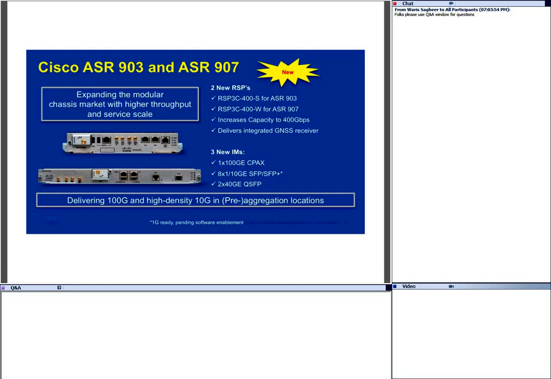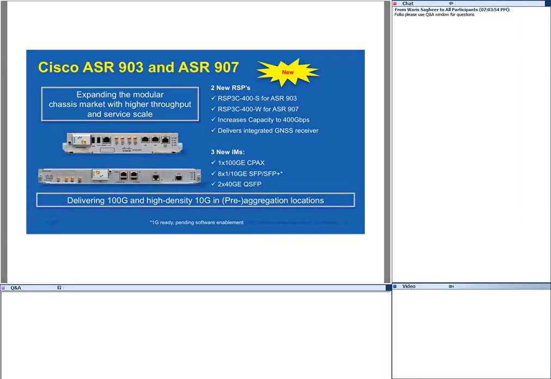This IM really helps to scale our 10 gig density, and I'm making this point again and again because one of the highlights of the 907 is that most customers talk about how the platform really improves the 10 gig density when compared to the previous generation RSPs. And also, for customers who want to migrate step by step from 40 to 100 gig, we have a 2-port 40 gig QSFP based IM as well.